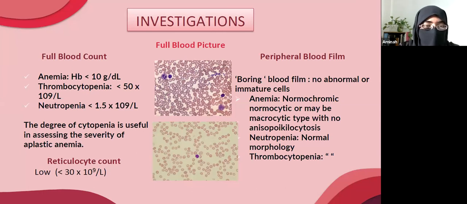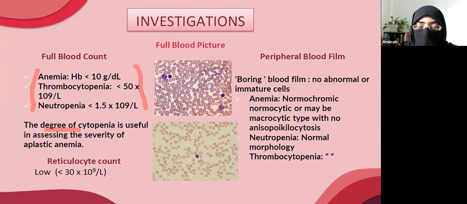If two out of these three values are reduced, then this indicates pancytopenia. And you'd also expect a low reticulocyte count because of defective erythropoiesis. The degree of cytopenia will correlate with the severity of aplastic anemia, and the severity will determine the management later on, as you'll see.